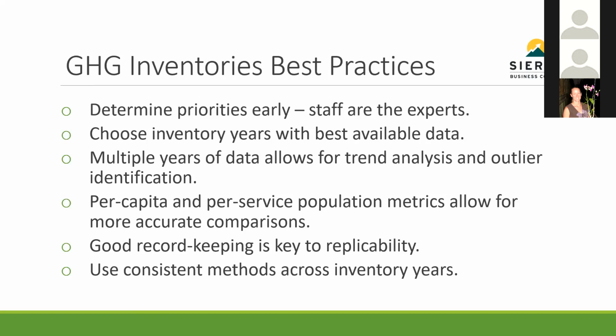You want to use consistent methods across your inventory years. The protocols change and methodologies get updated and better data becomes available. When you do an updated inventory, you may have to redo your baseline so they're consistent. For example, transportation emissions used to generally be based on total miles traveled in a jurisdiction.